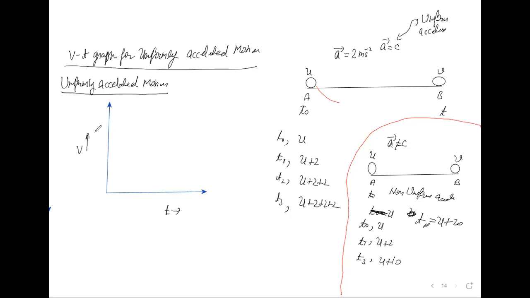Now the velocity is changing uniformly. So for the uniform change, suppose that the object started from here and the initial velocity was u, and the velocity changes, and it started from u and became v at the final point.